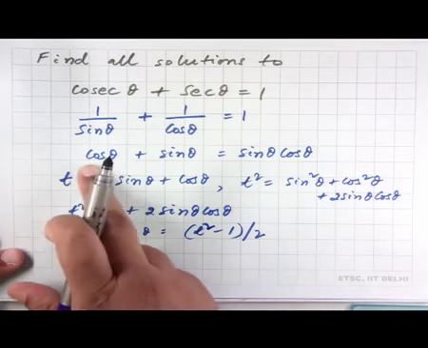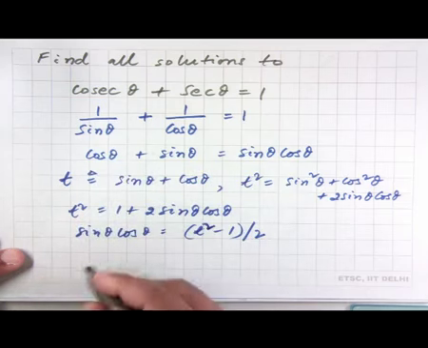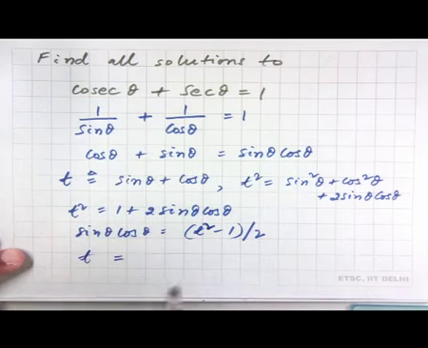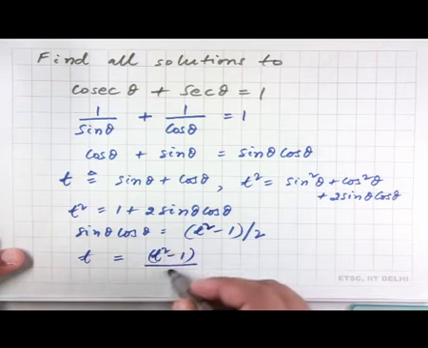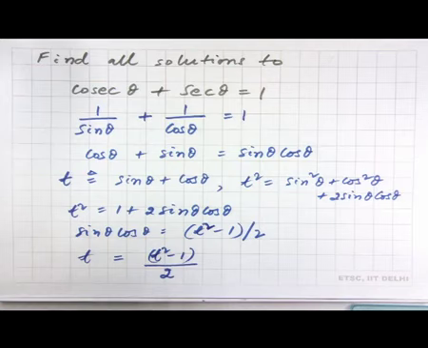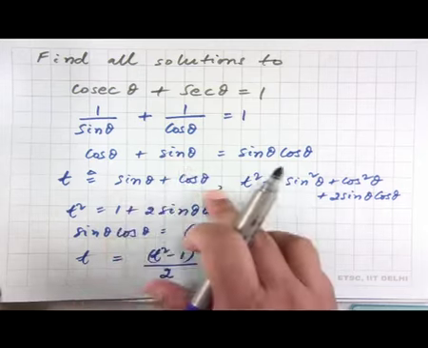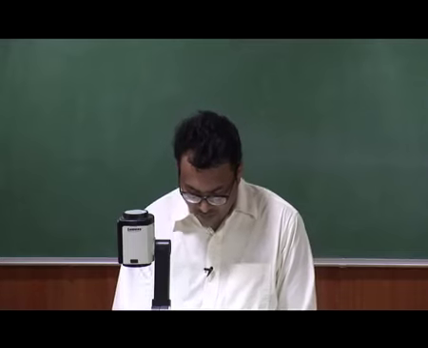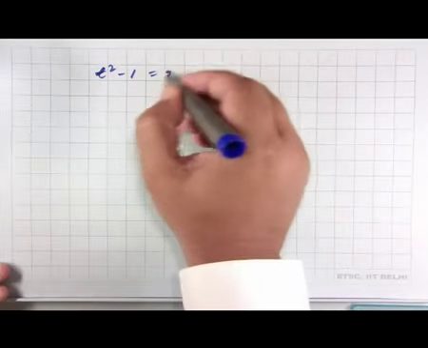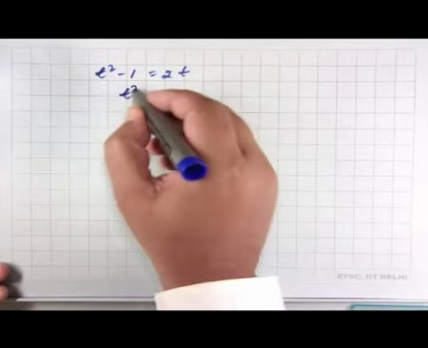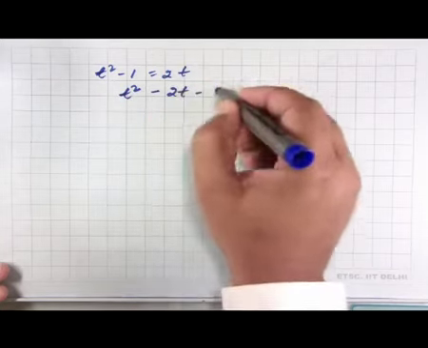Now, going back to the trigonometric equation, the left hand side was t, the right hand side is t square minus 1 over 2, and t has been defined to be sin theta plus cos theta. So the equation in terms of t becomes t square minus 1 is 2t, or t square minus 2t minus 1 equals 0.